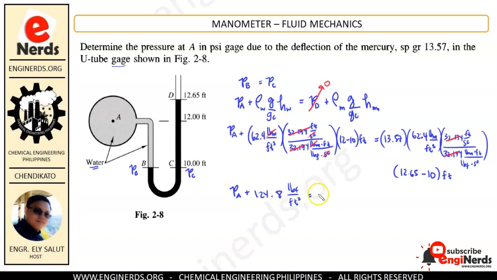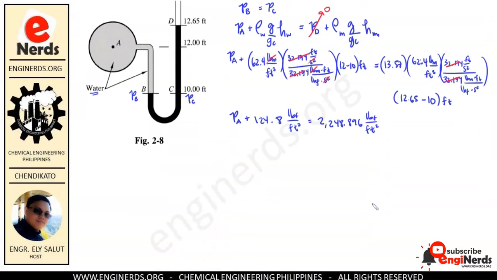And this is equal to 2,248.896 pound force per feet squared, no? So, isolating ang ating PA para makuha natin yung value niya, we have PA is equal to 2,248.896 minus 124.8. So, this is equal to 2,124.096 pound force per feet squared, no?